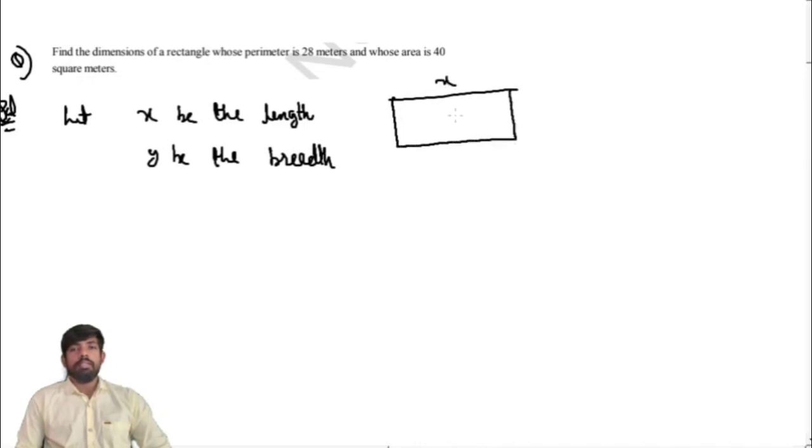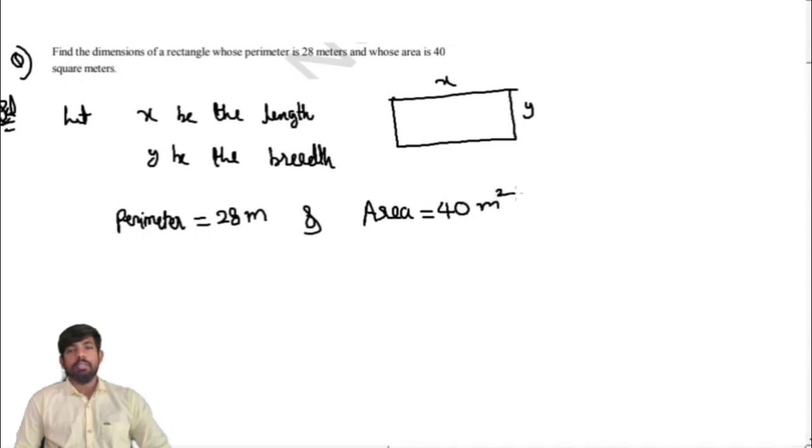This is x, the length, and this is y, the breadth. So what is given? The perimeter is equal to 28 meters, and the area is equal to 40 square meters.